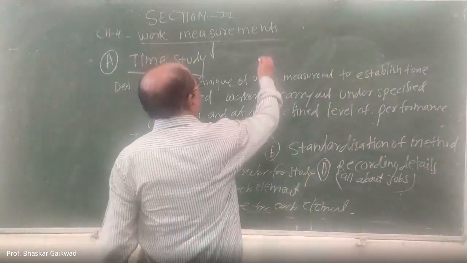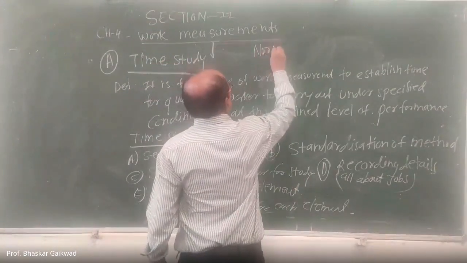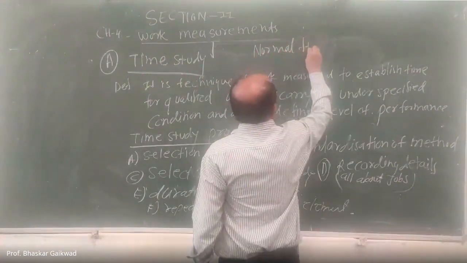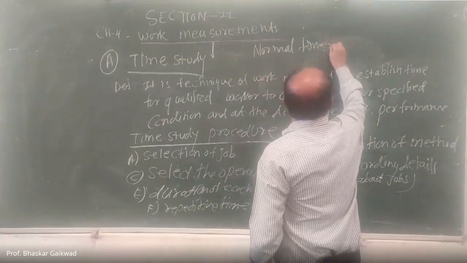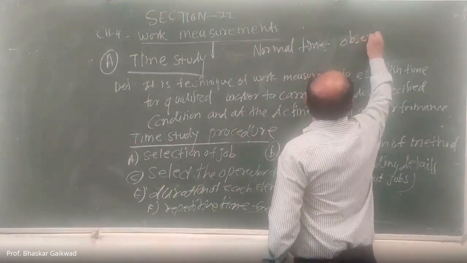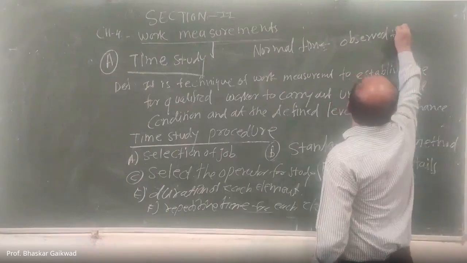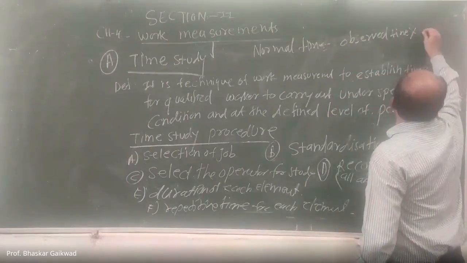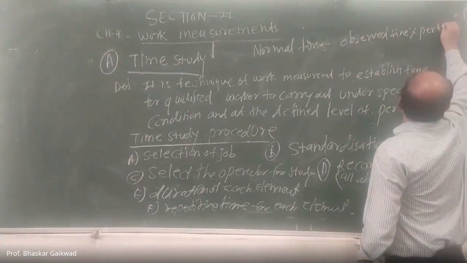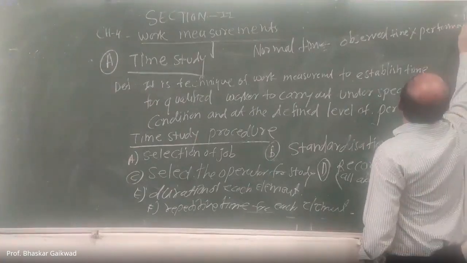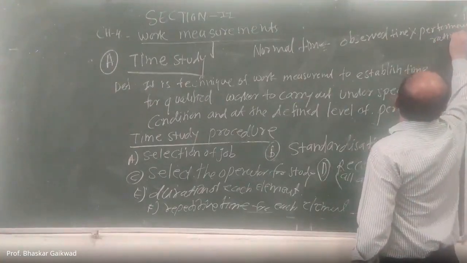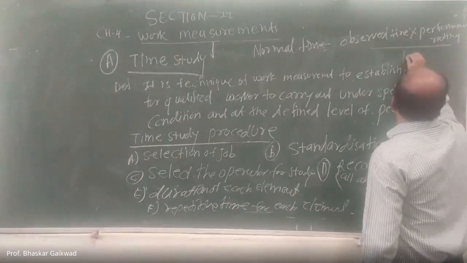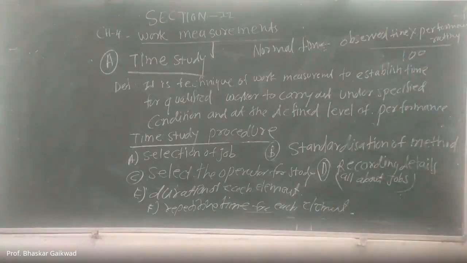Normal time equals observed time into performance rating divided by 100. Observed time we can measure with the help of a stopwatch, along with the performance rating.